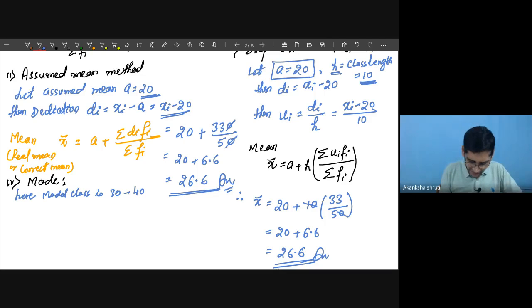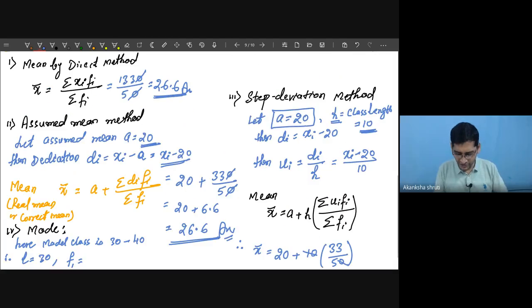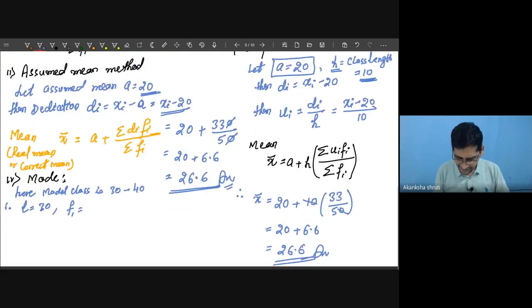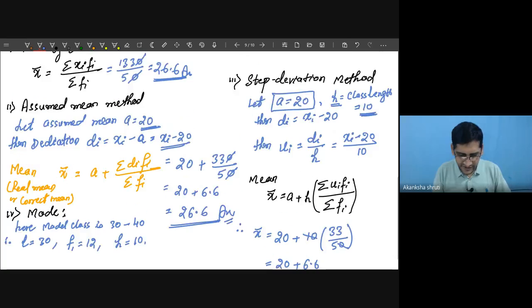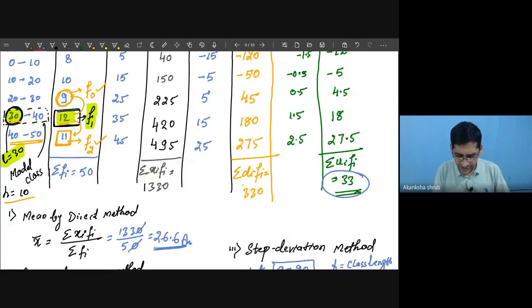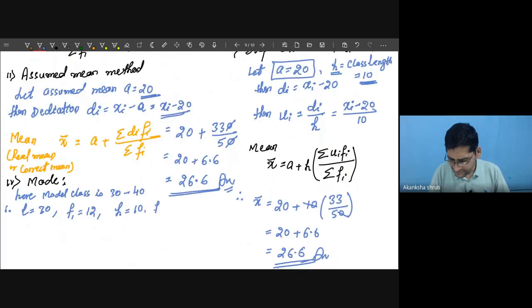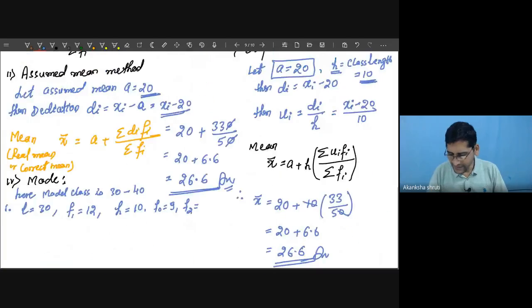Therefore, from here L is 30, one thing. F1, the frequency that we have observed for this 30 to 40, is 12. H is 40 minus 30, which is 10. Afterward, F0 before this 12 is 9. And F2, the frequency after this 12, is 11.